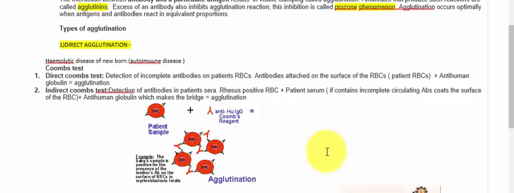We have already discussed erythroblastosis fetalis in type 2 hypersensitivity reaction. In that, the maternal IgG antibody is specific for fetal blood group antigens. They cross the placenta and destroy the fetal red blood cells.